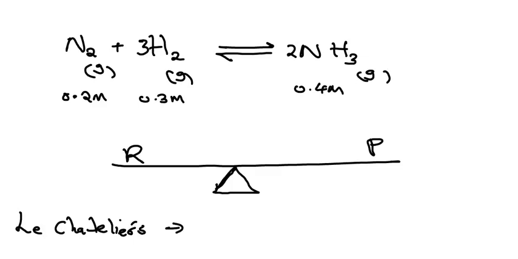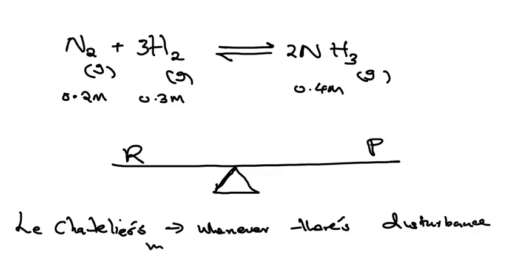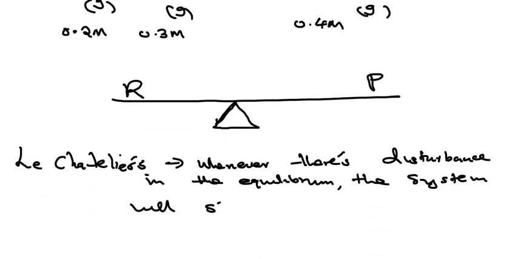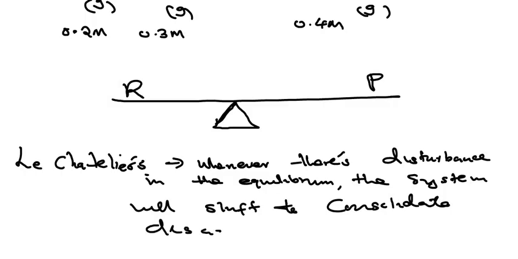So we're saying whenever there's a change, whenever there is a disturbance in the equilibrium system, the system will shift to consolidate the disadvantaged part, or side, rather.